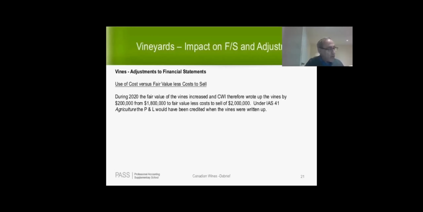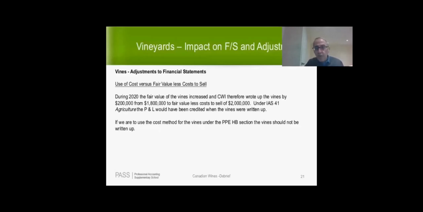So at the beginning of 2020, they were 1.8 million, same as the end of 2019. By the end, they were 2 million. So what would the entry have been? During 2020, the entry would have been as follows. They simply would have debited the vines 200,000, and they would have credited the income statement 200,000.